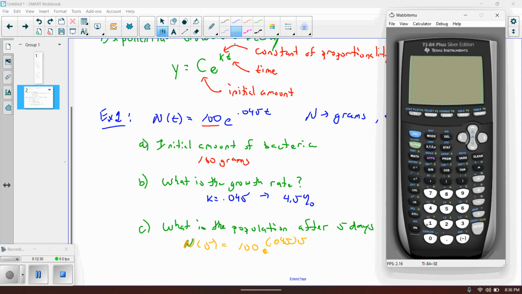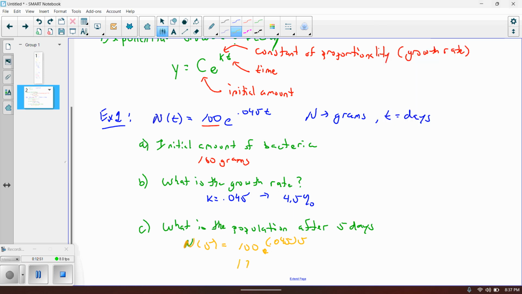So that's going to be 100 e to the 0.045 times 5, all in the exponent, and we get an approximate value of 125.23.